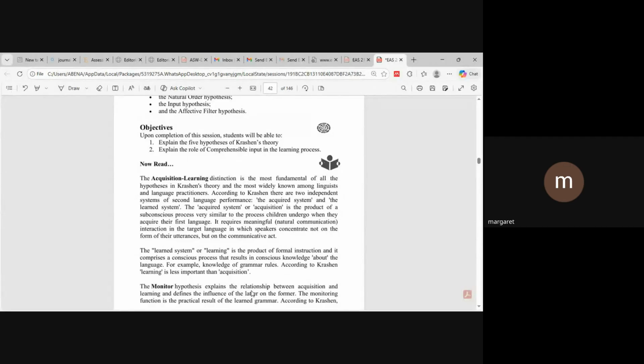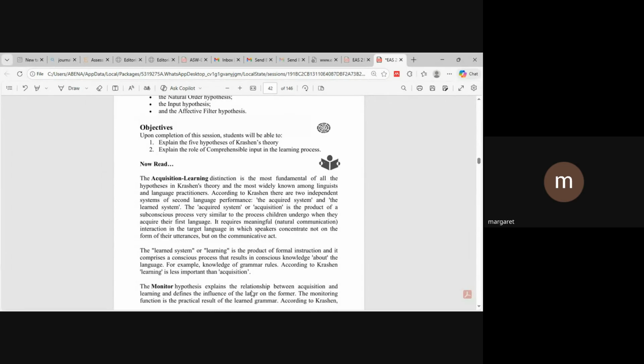So Stephen Krashen is saying that language learning occurs through two systems. Either the person gets the language subconsciously, independent of instruction in the grammar or the science of the language, or the person gets to know a language through the learned system, where we intentionally take the person through the formal structure or the science of the language.